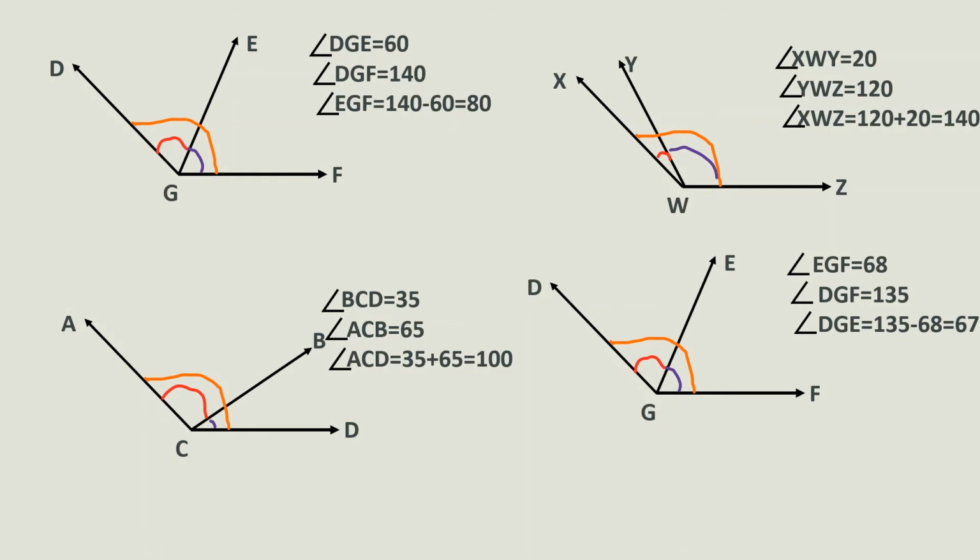In this figure, EGF is 68 degrees and DGF is 135 degrees. Now here we're subtracting because we don't know what DGE is. Now we subtract 135 degrees and 68 degrees, which gives us 67 degrees.